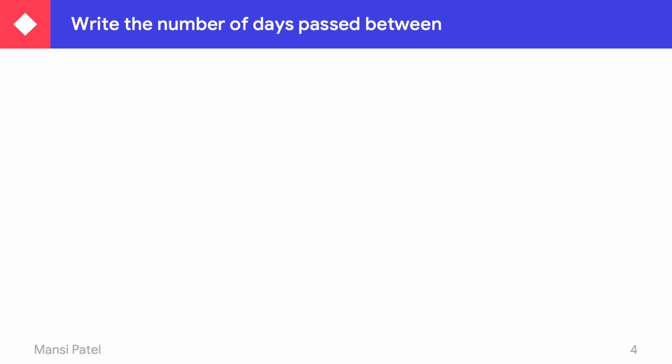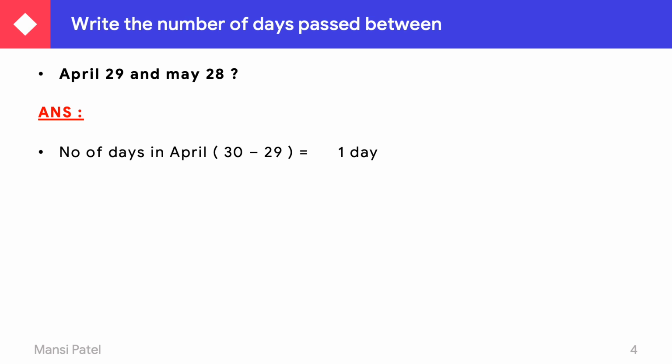Let us see now how many days passed between two dates. Previously we studied how many minutes have passed; now we have to study how many days have passed. April 29 and May 28. First we find out the number of days individually. How many days are remaining in April? April has 30 days, so 30 minus 29 is equal to 1 day.